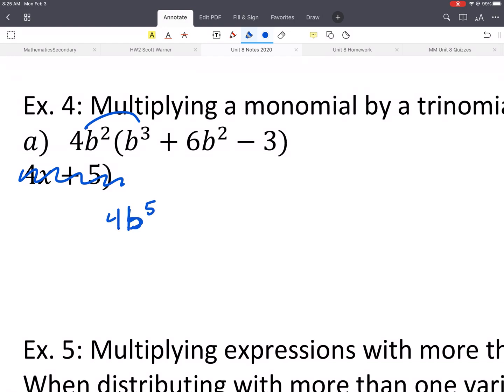And we just add those exponents. And then 4b squared times 6b squared. Well, 4 times 6 is 24. And then b squared times b squared is b to the fourth. Just add those exponents. And then we do our final term. And we'll end up getting negative 4 times 3 is 12, b squared.